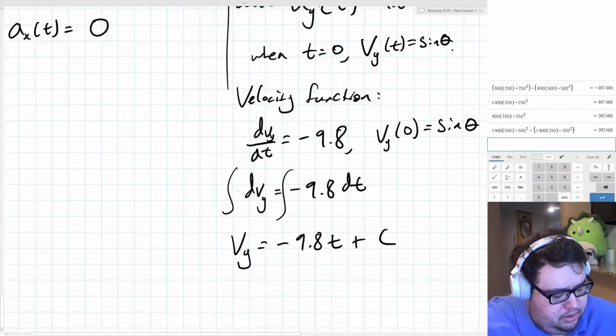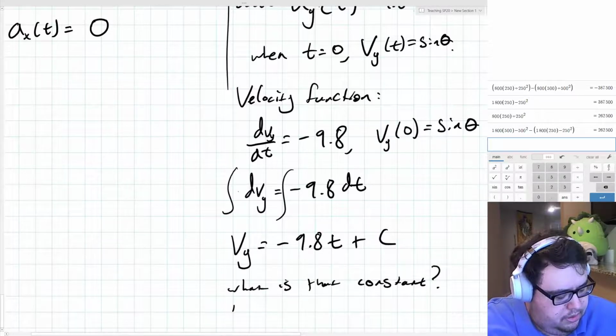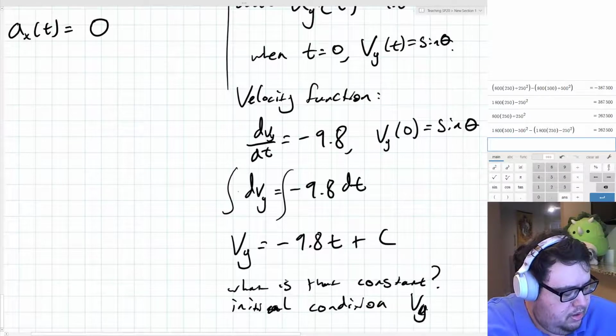What is that constant? Well, let's use our initial condition. V sub y of 0 is equal to sine of theta.